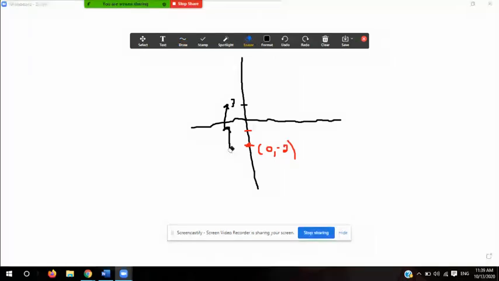Let me erase this. So that'd be 3. And then the graph also indicates that after that, I move 4 spaces to the right. So 1, 2, 3, 4. So I move 4 spaces to the right.